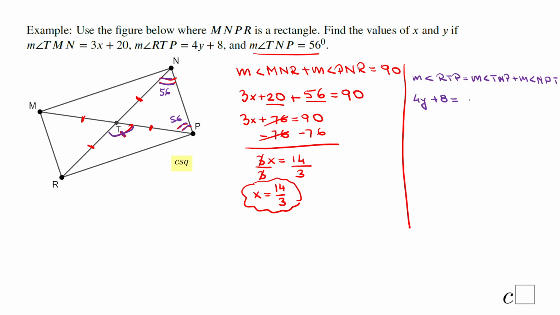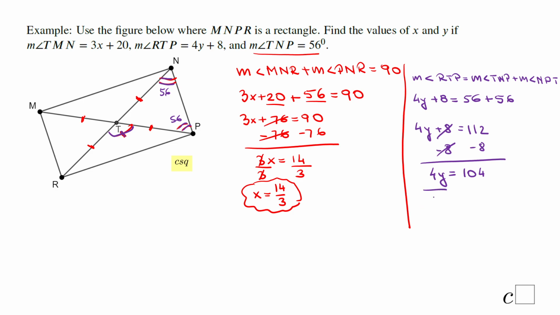TNP is 56. And the other one, it's also 56. So we have here 4y plus 8 equals 56 plus 56, that would be 112. I'm going to subtract 8 to get rid of this 8. So I have 4y equals 104.